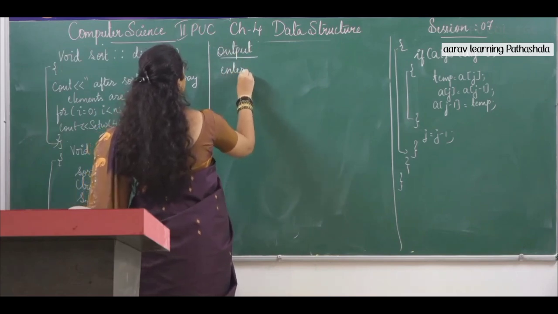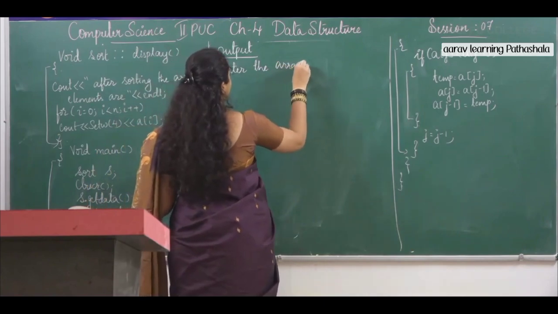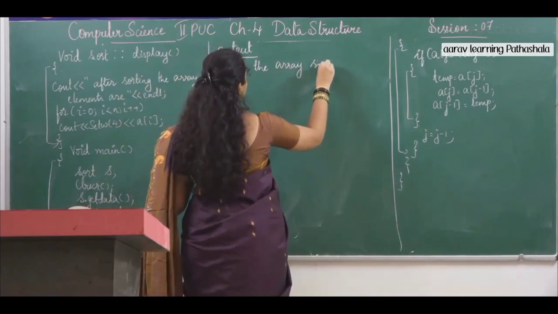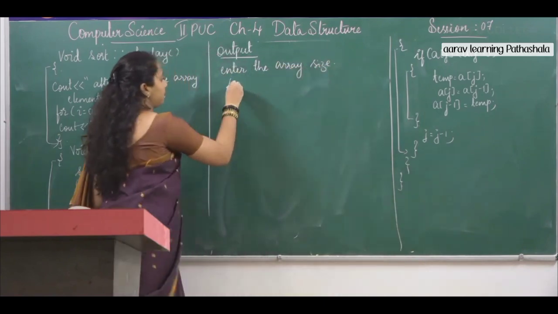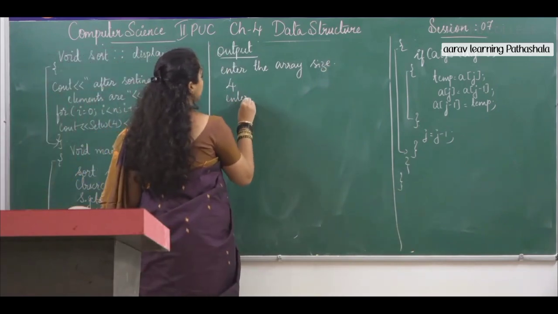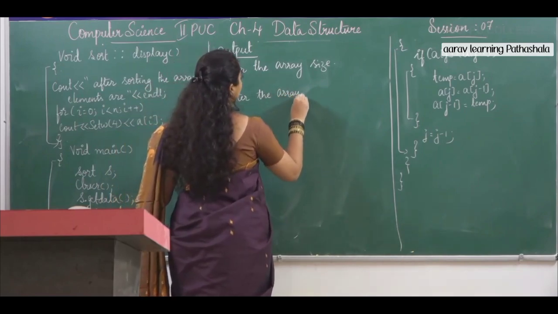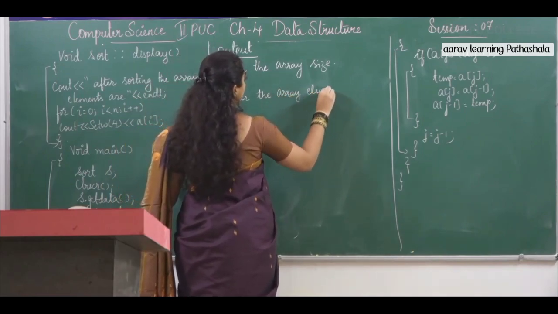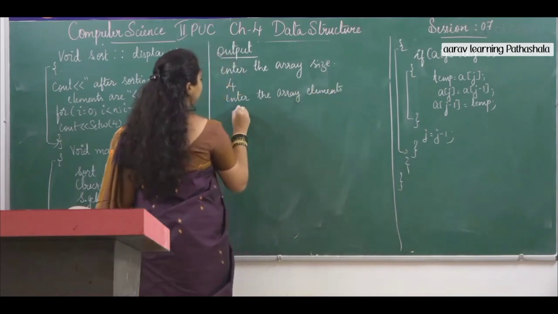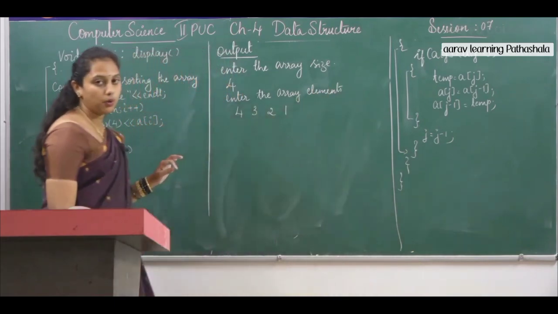So, enter the array size. What is the array size? The array size is 4. Next, enter the array elements. That is 4, 3, 2 and 1.